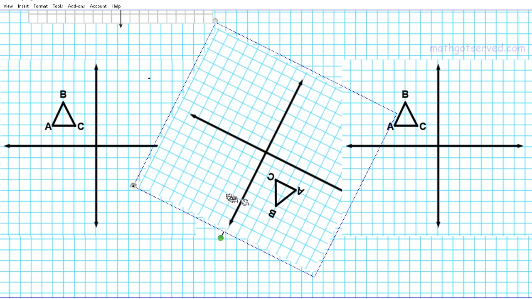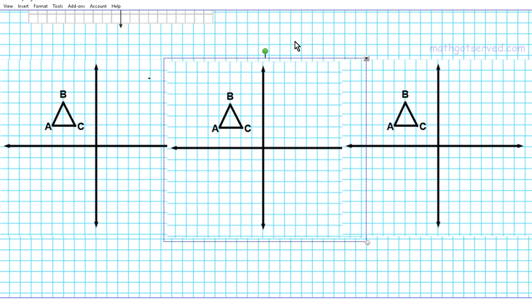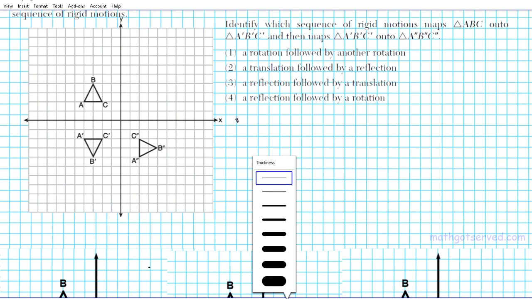Rotating triangle ABC will result in C prime being on the left and A prime being on the right. So that automatically eliminates the first option.